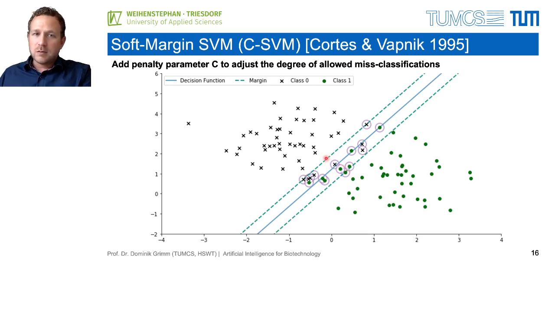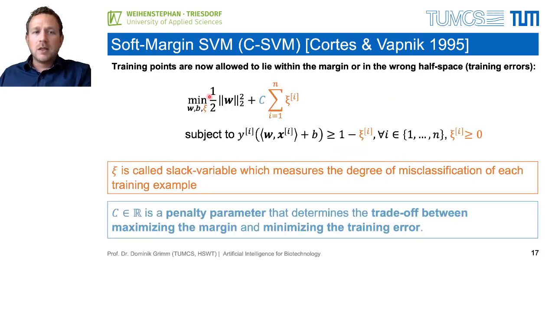So how can we do this? In the soft margin SVM, as it is called, we extend the classification problem in such a way that training points are now allowed to lie within the margin or on the wrong half space. So that's the errors we make.